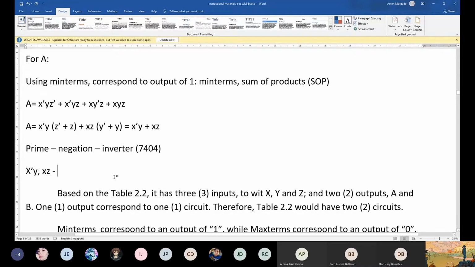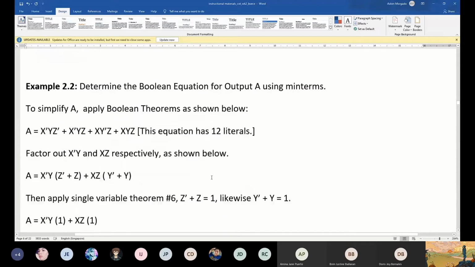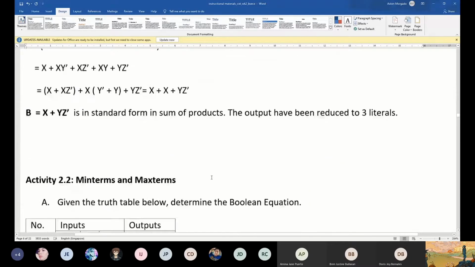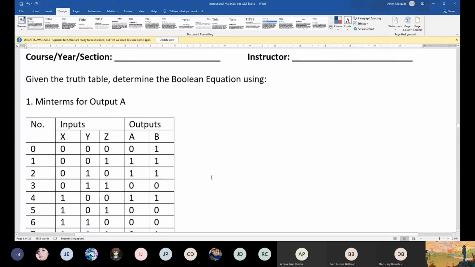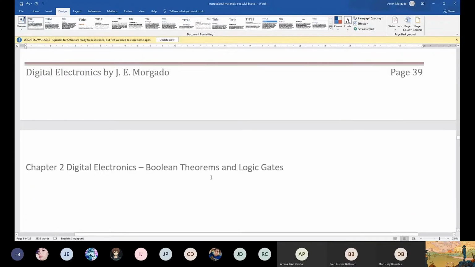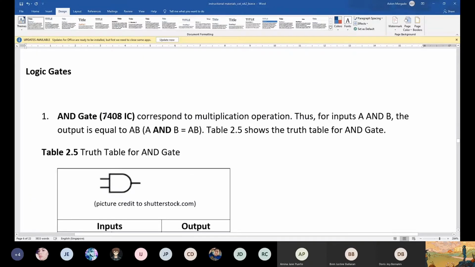That is multiplication, so ANDing. What number is the ANDing? 7408. Am I correct? Okay, so AND gate is 7408.